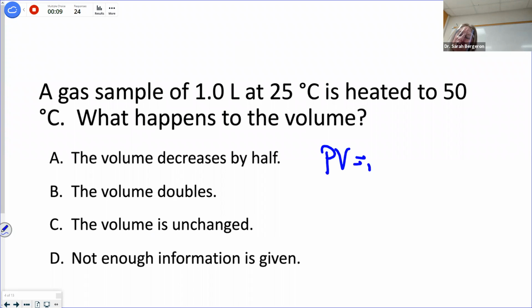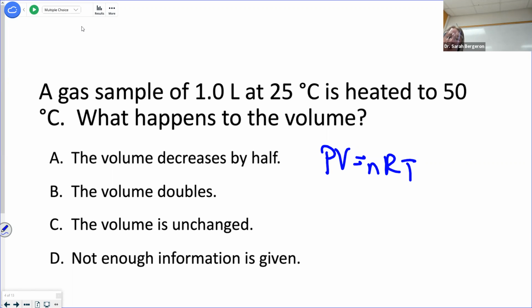Remember, PV is equal to nRT. Click in again. 30 seconds, click in again. Click in again. Come on. Waiting. I got 40, I'm cutting it off.